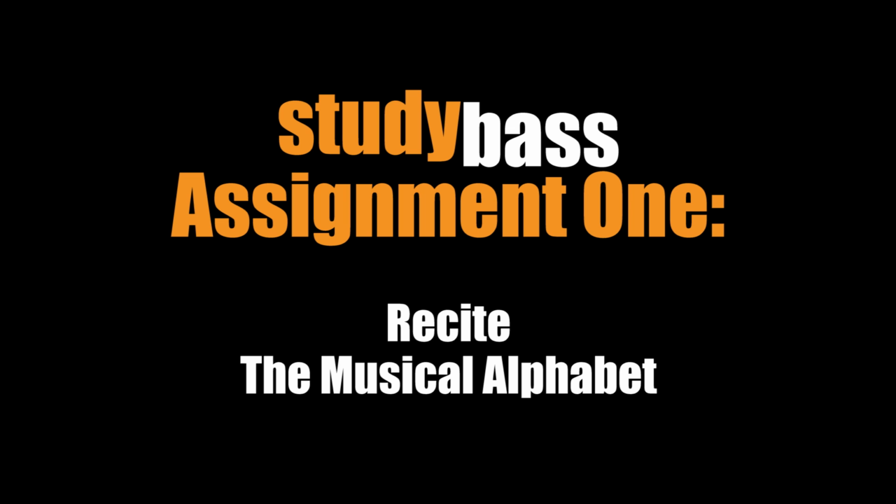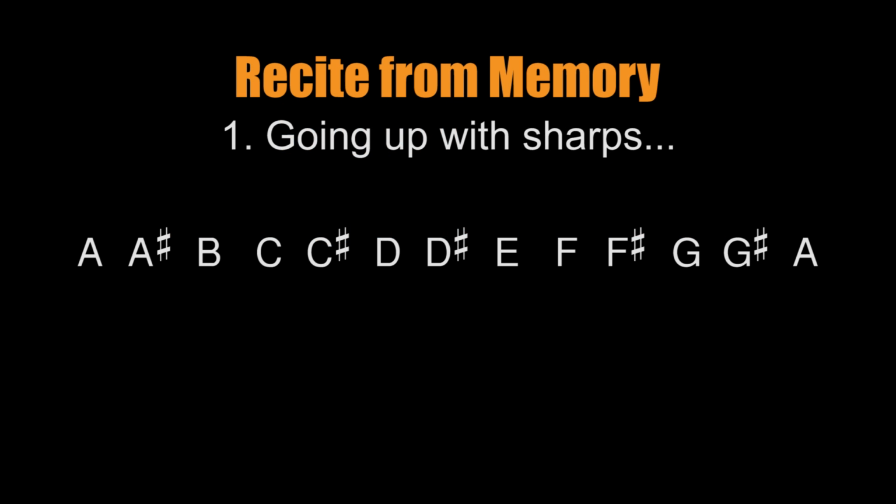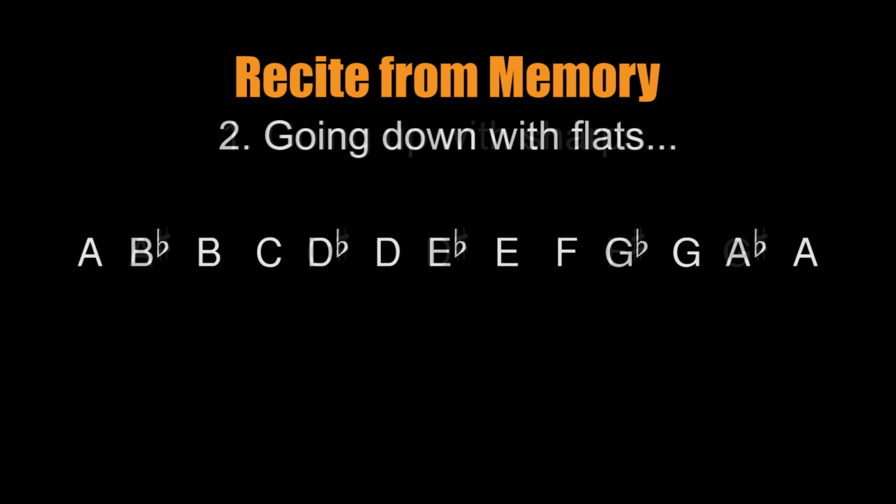Learn to recite the musical alphabet 2 ways. First, going up using sharps. A, A sharp, B, C, C sharp, D, D sharp, E, F, F sharp, G, G sharp, and back to A. The second way is going down using the flats.